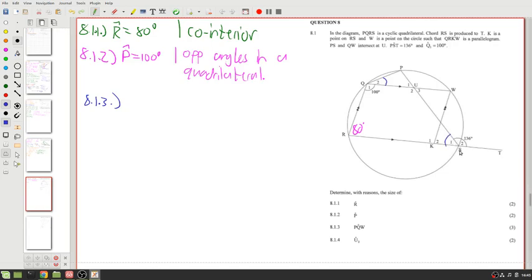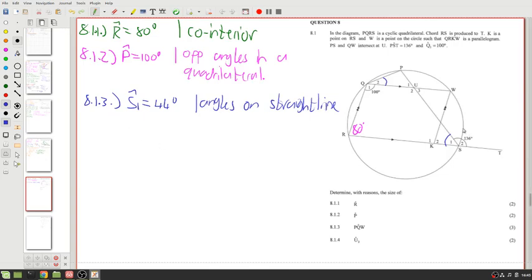We can say that angle S1 is equal to 44 degrees. And why is that? Our reason is because it lies on a straight line, and S2 is already 136. So we'll just say angles on a straight line.